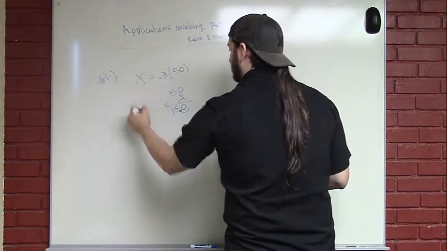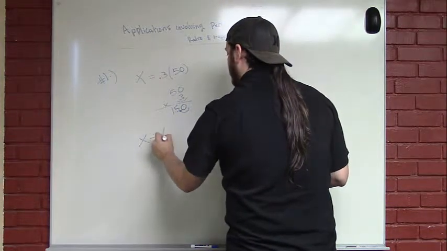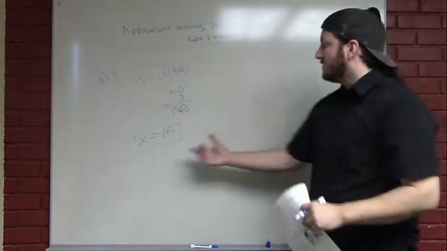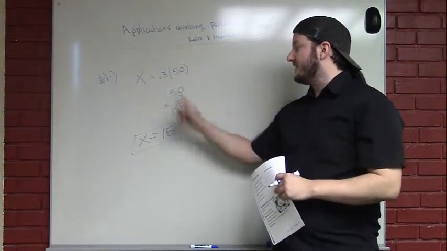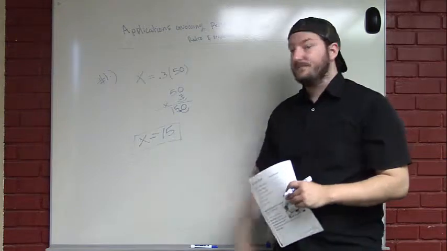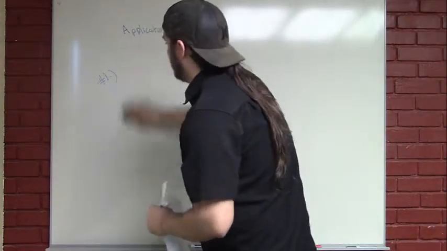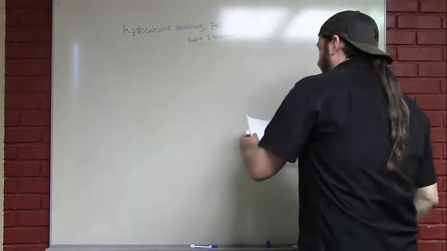So x is 15. So what that means is 30% of 50 is 15. Okay, cool. It always starts pretty simple and it gets a little trickier.